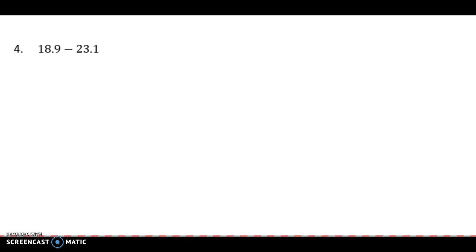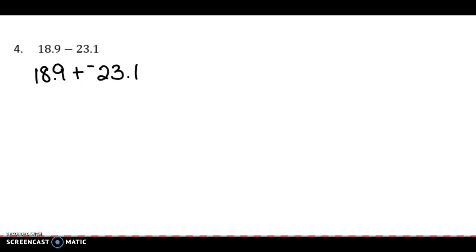So you always, always, always want to put that bigger number on top when you go to subtract them. So you can think of this a couple different ways. You can leave it the way it is and just switch them around to subtract. I can turn this subtraction problem into an addition problem, which means add and then the opposite, which is negative 23.1.